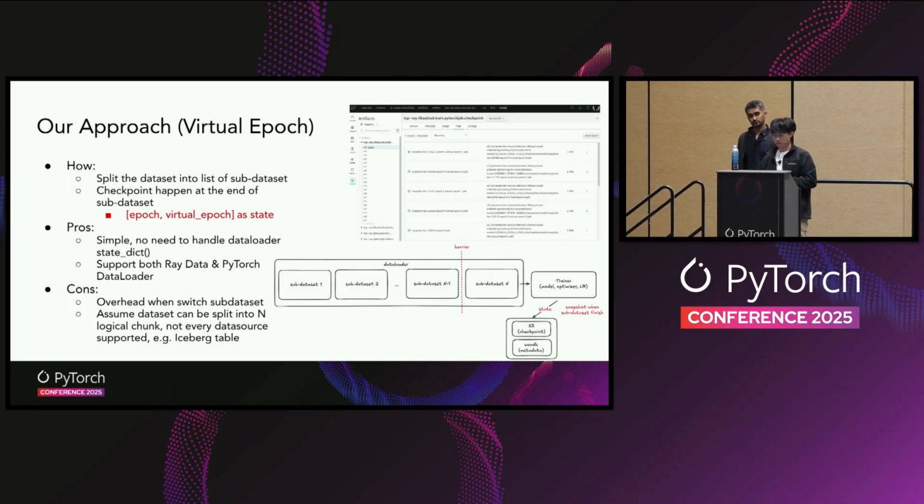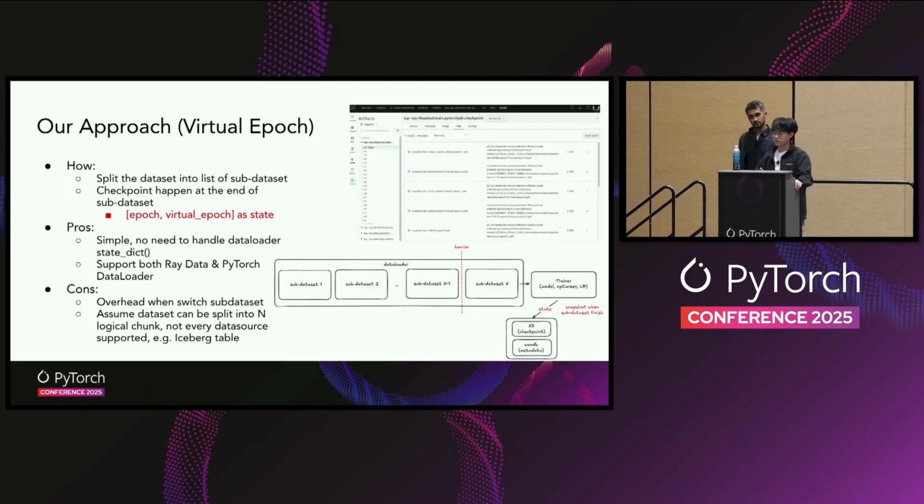We track the progress, so in this case we only need to track the epoch and virtual epoch states, where epoch is the real training epoch, and virtual epoch is the index of the current sub-dataset within the epoch. This keeps the design simple, avoids dealing with the data loader states for Ray data, and it works well with both Ray data and torch data loader. But the trade-off is that we're introducing some overhead when switching the sub-dataset, and I will talk about some of the overhead later.